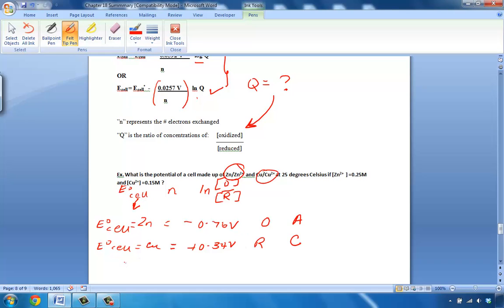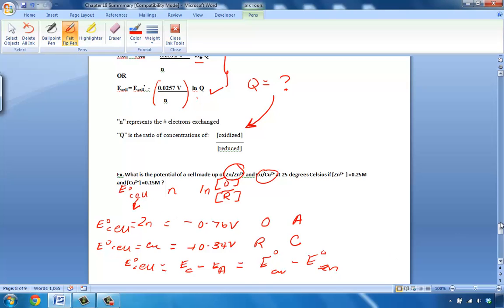So E naught of the cell tells us that we need to take the E value of the cathode minus the E value of the anode. The cathode is our copper, and the anode is the zinc.